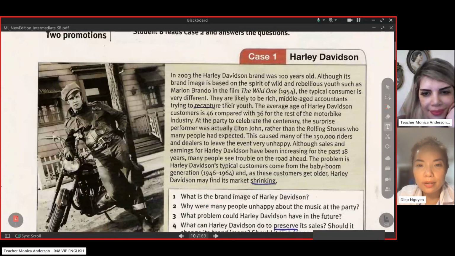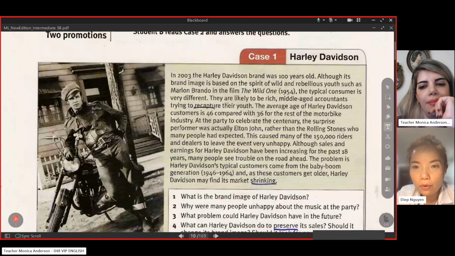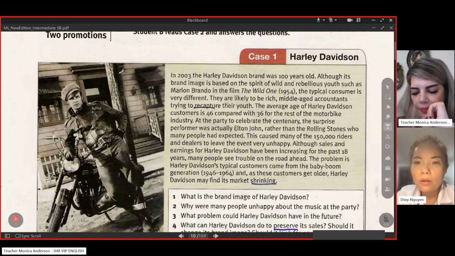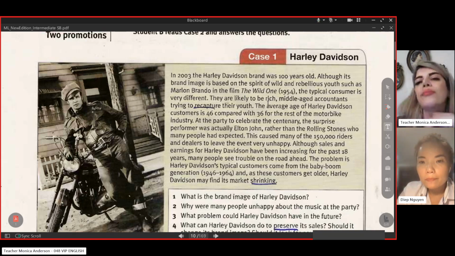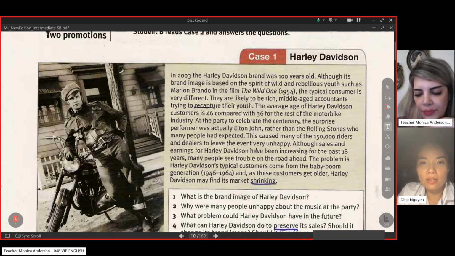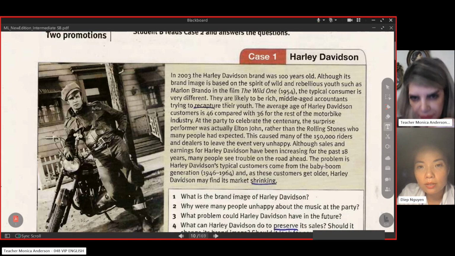In 2003, the Harley Davidson brand was 100 years old. Although its brand image is based on the spirits of wild and rebellious youth such as Marlon Brando in the film The Wild One in 1954, the typical consumer is very different. They are likely to be rich, middle-aged accountants trying to recapture their youth.